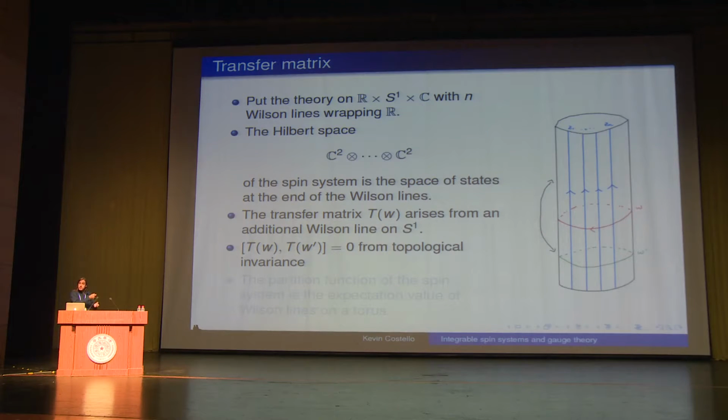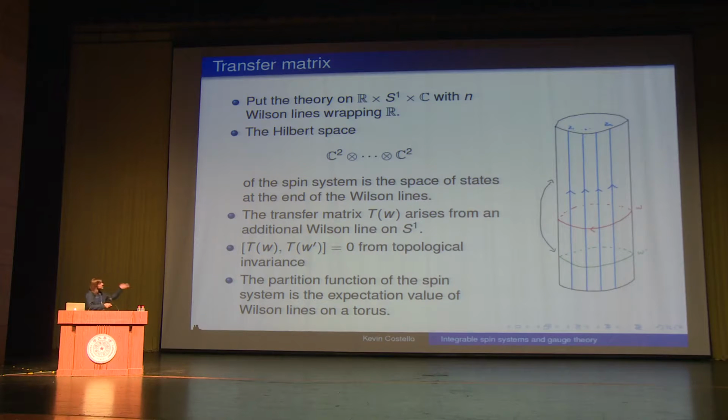One can do this because the theory is topological in the xy plane, and because W and W prime are different, these Wilson lines don't intersect. So we can just move them up and down. And the partition function of the theory is pretty obviously just the expectation value of a bunch of Wilson lines arranged in a lattice on the torus.